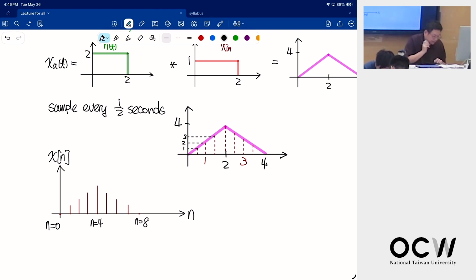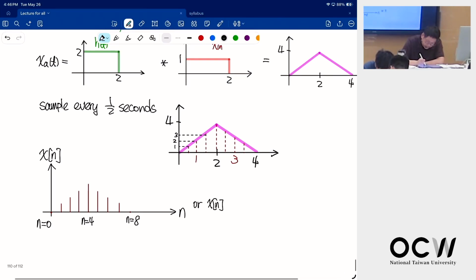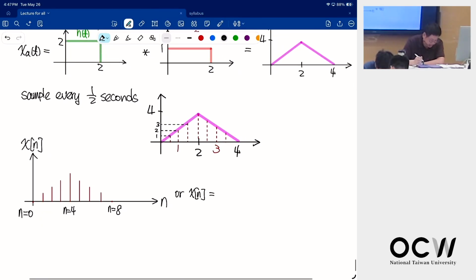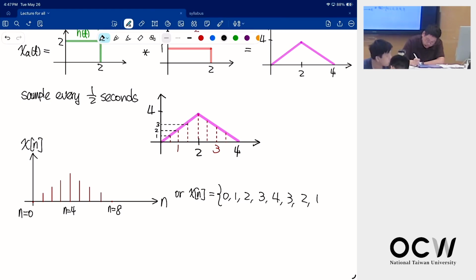This is the stem plot. We can also write down this discrete signal as the values 0, 1, 2, 3, 4, 3, 2, 1, and 0. And we have the index.